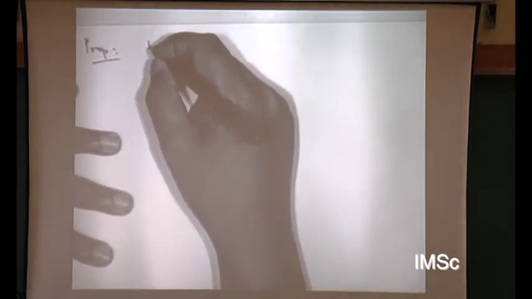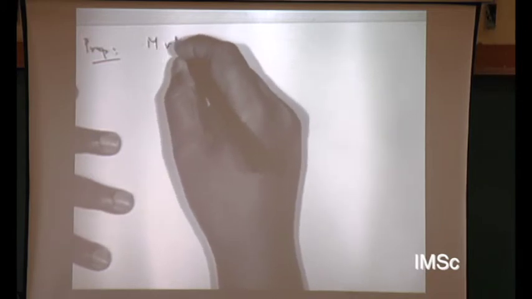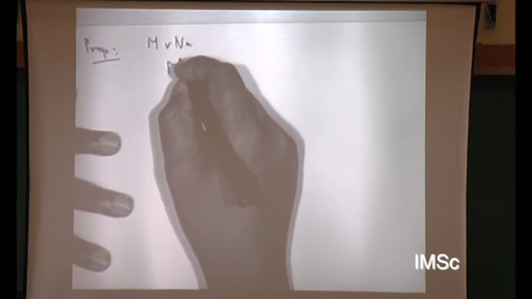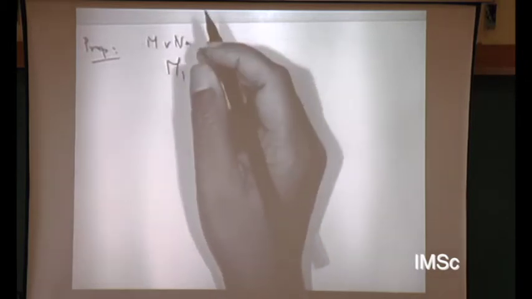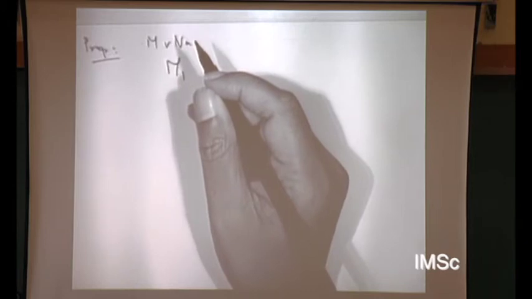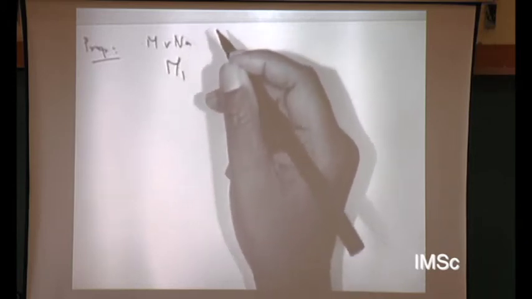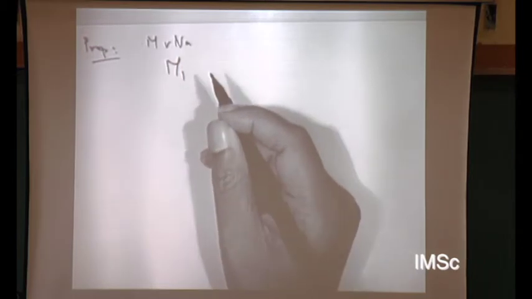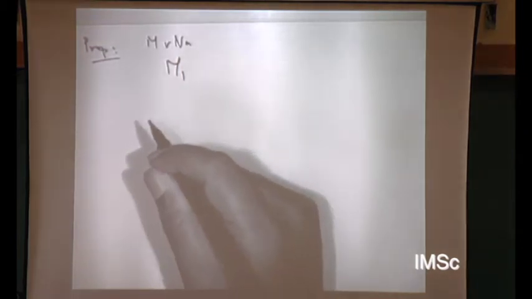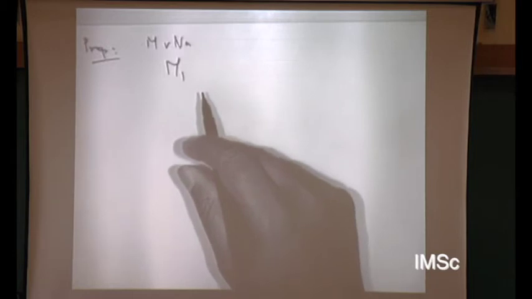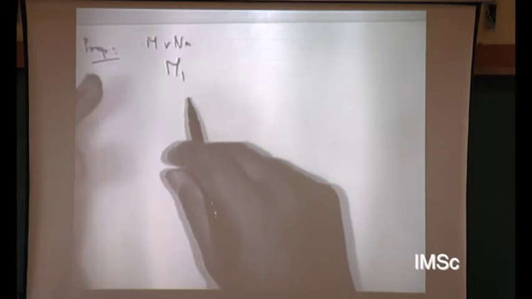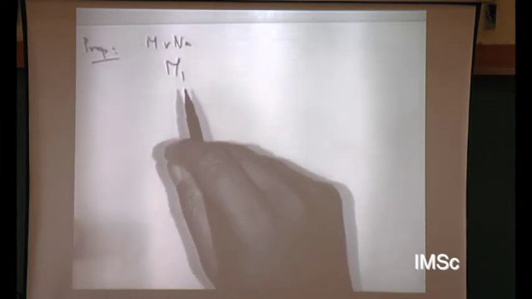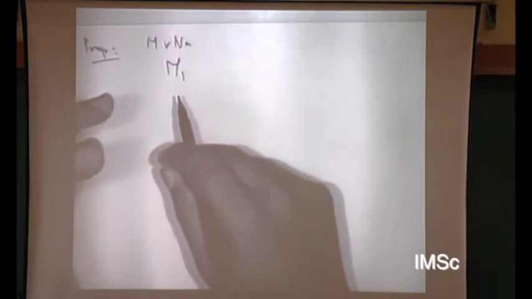So M is the von Neumann algebra. We know that the unit ball of M is sigma weakly compact. And of course it's convex. It is a compact convex set in a locally convex topological vector space, a vector space where the topology is given by semi-norms.